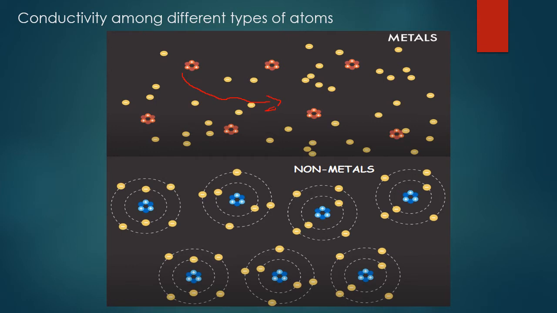On the other hand, the outer electrons in the atoms of a non-metal are held more closely to the nucleus, as you can see here or here, preventing movement.